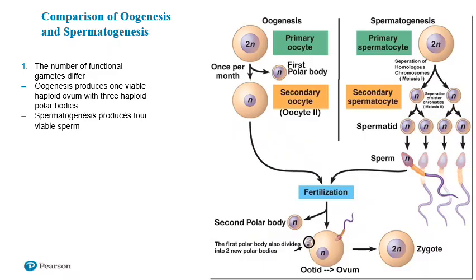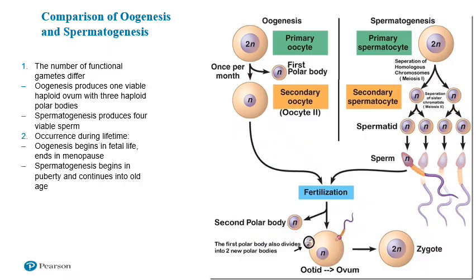Spermatogenesis produces four viable sperm. During the lifetime, oogenesis begins during fetal life and ends in menopause. Spermatogenesis begins at puberty and continues into old age.